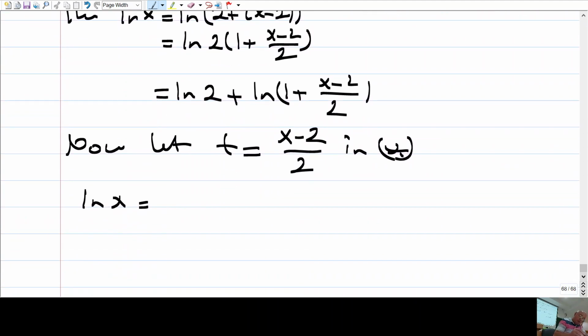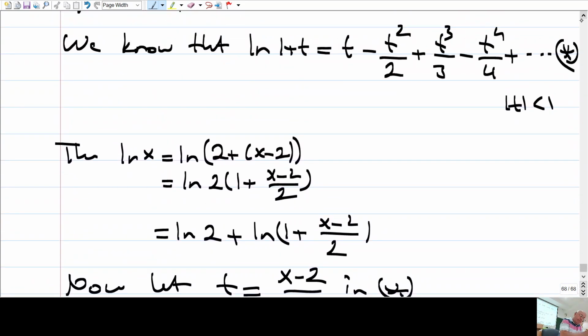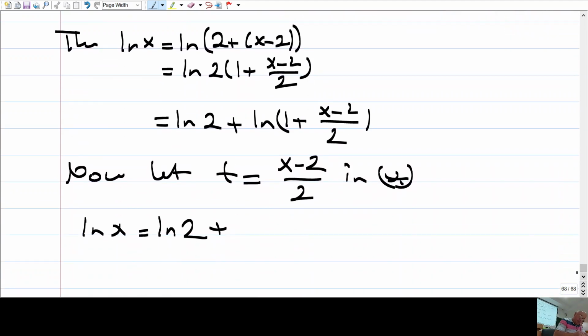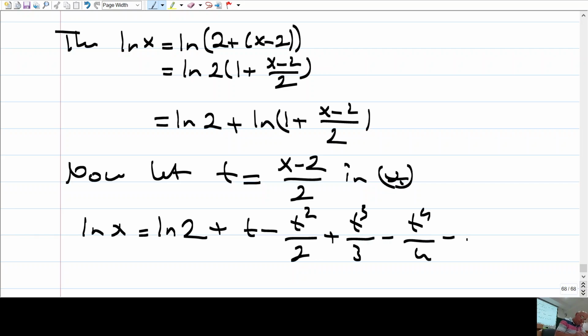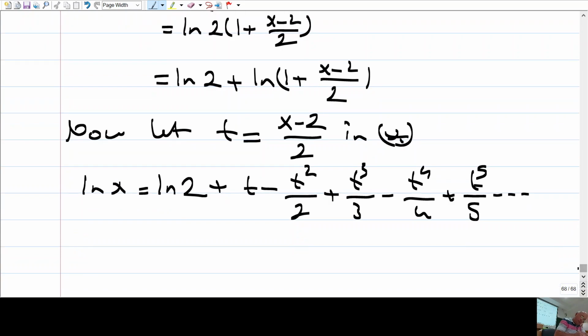So you will get what? ln 2 plus ln 1 plus t. So it is t minus t squared over 2 plus t cubed over 3 minus t to the 4 over 4, t to the power 5 over 5, and it goes like this.